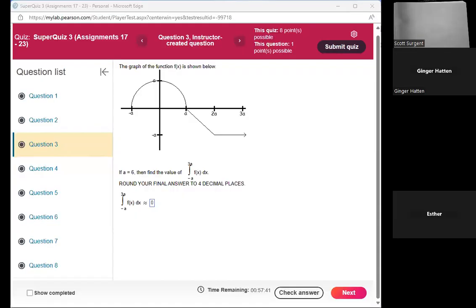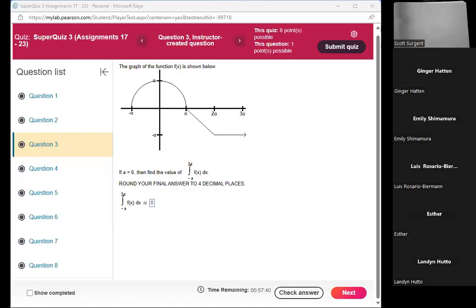All right. This is one that came up in the discussions on the board here. I'm going to copy the graph. It's a half circle, then a triangle, and a straight line.